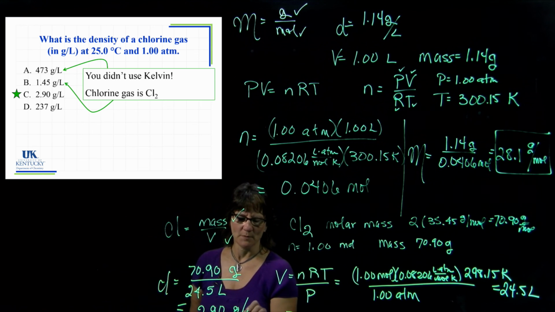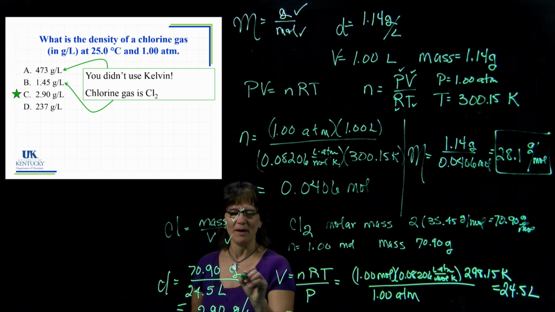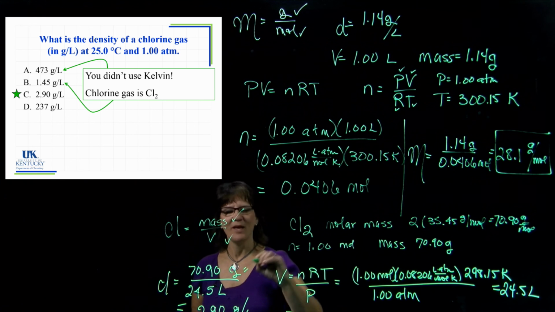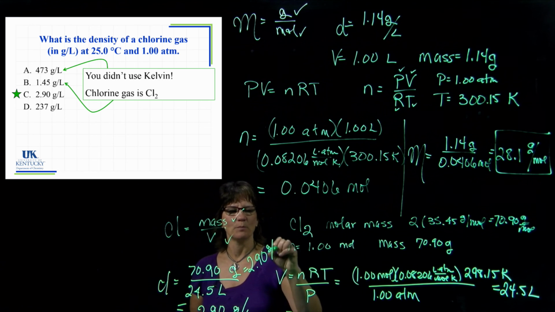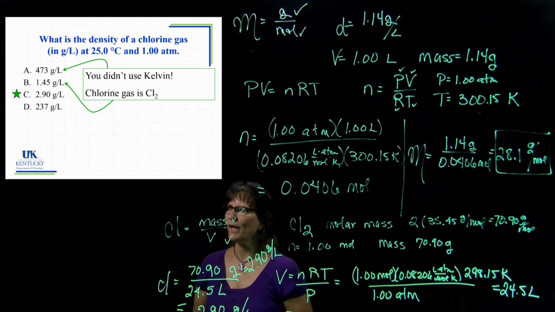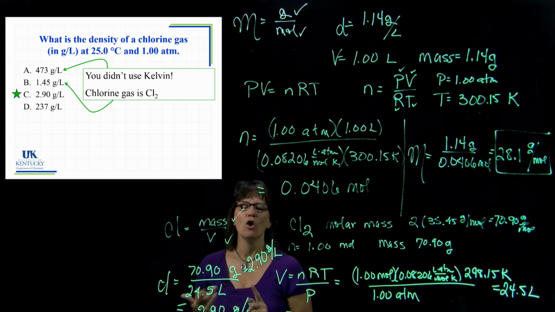And that's grams per liter. And you can't see that, so I'm going to move it up. Sorry about that. This is equal to 2.90 grams per liter. Okay, so that is the conclusion of how to use molar mass to get to density, or use density to get to molar mass.